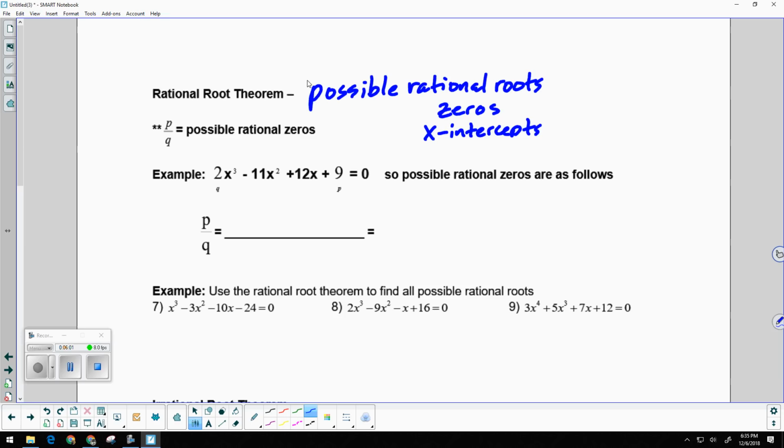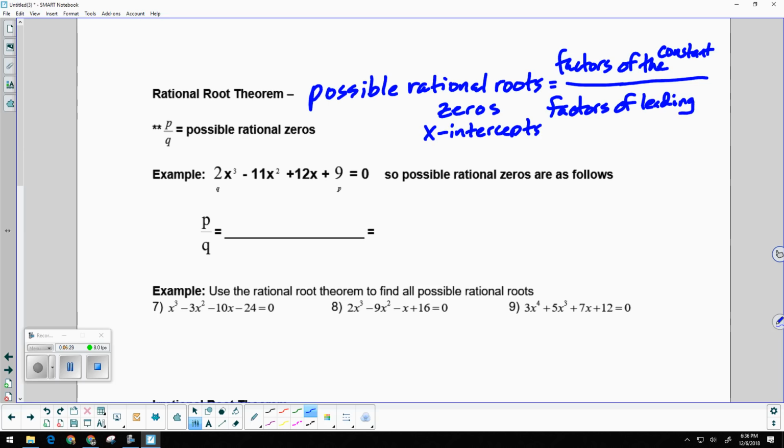Okay, the possible rational roots are equal to a ratio. The numerator is the factors of the constant and the denominator are the factors of the leading coefficient.